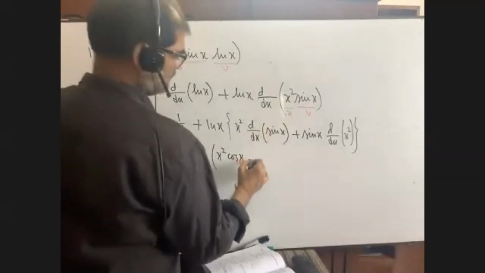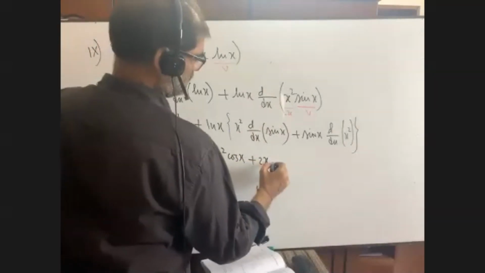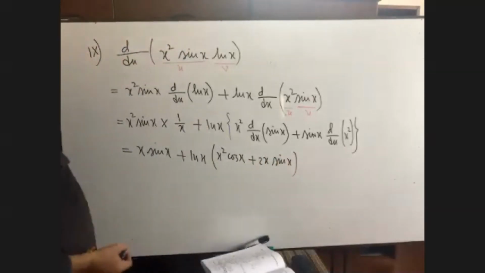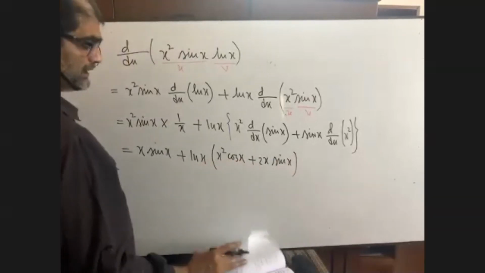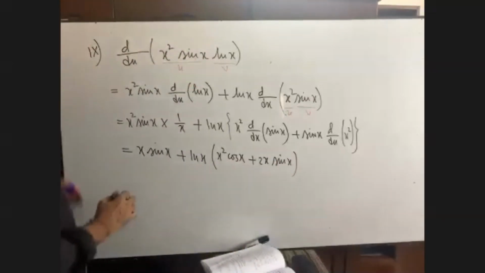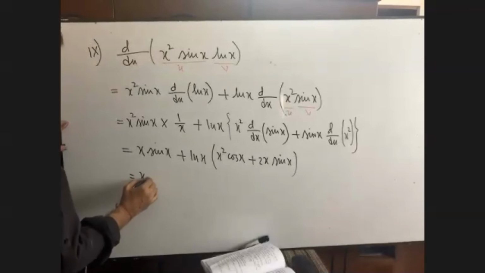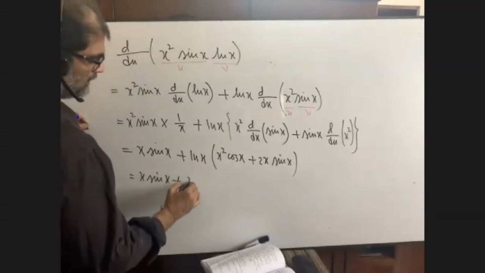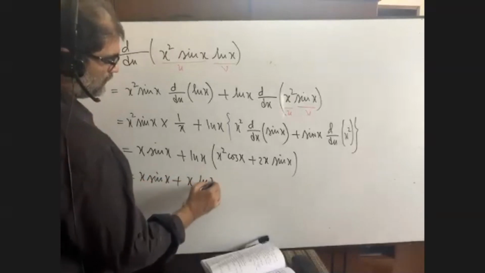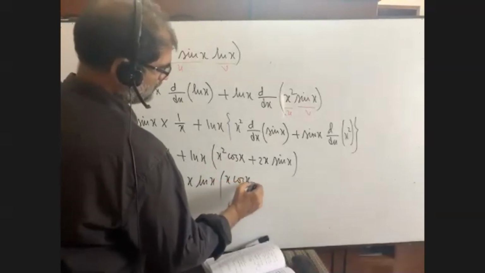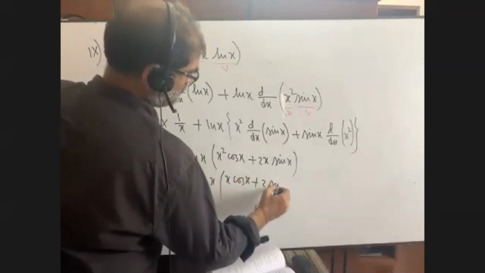Plus 2x sin x. Now what can be done here? We can take x common at least or at best. I think that's done here. That I have told you. x sin x plus, they have taken x common here, x ln x times x cos x plus 2 sin x.